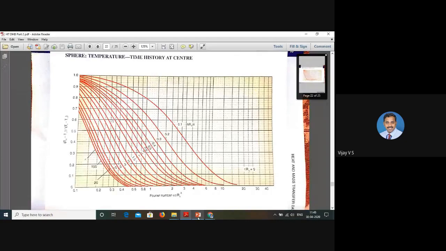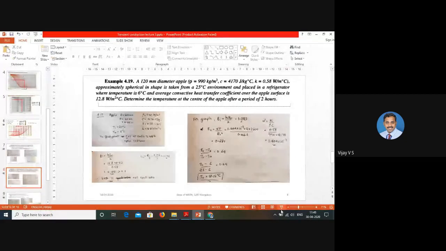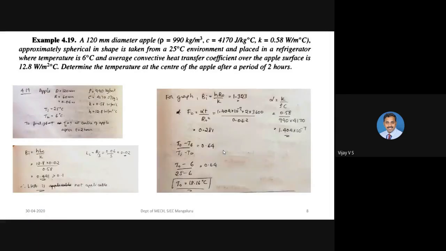So I got this value, 0.64. So I know T infinity, I know Ti. So substitute, you will get 18 degree. So after 2 hours, temperature of the apple drops from 25 to 18 degree at the center.